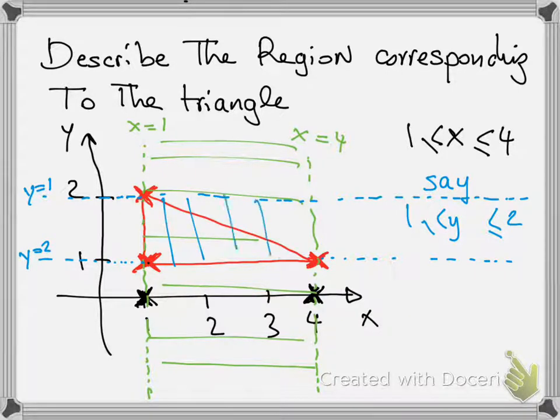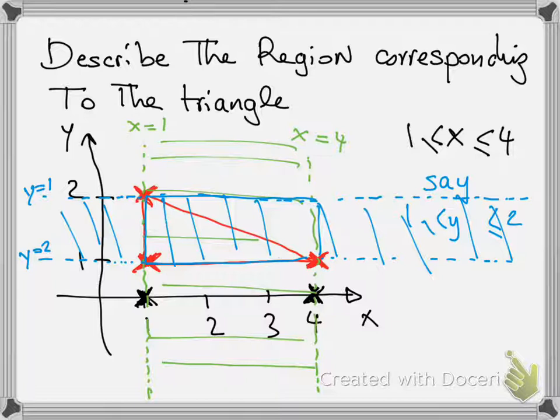But then the intersection is going to be a rectangle, so it won't be our triangle. And we don't want the rectangle, we want half of the rectangle, this red triangle. So we cannot just say x between 1 and 4 and y between 1 and 2.